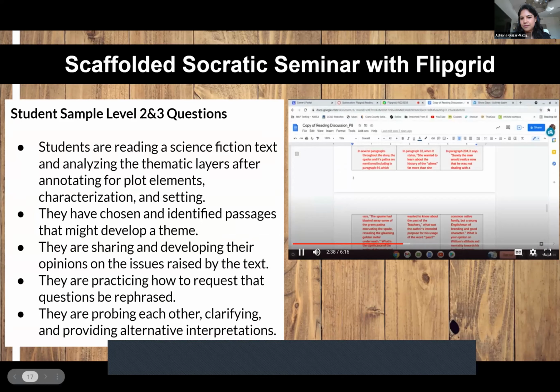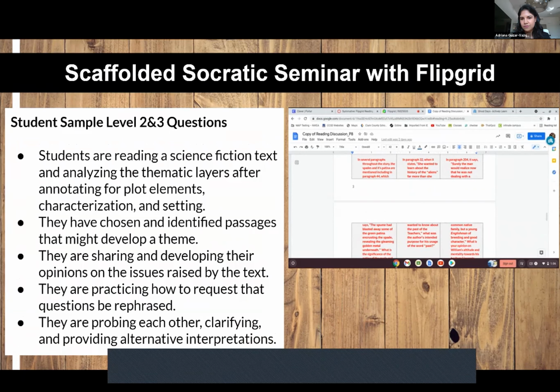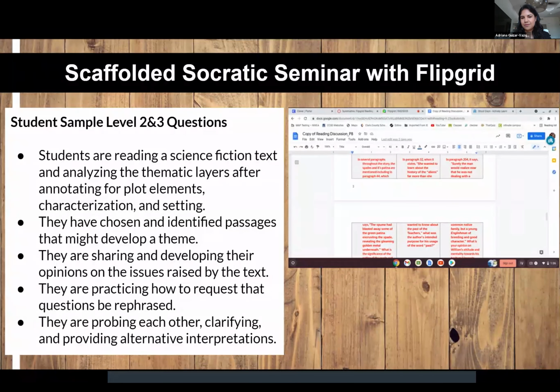There's intended purpose for the usage of the word past. Past, and yes, it says right there the past of the teachers. So the word past is the history of the teacher. Mm-hmm. Like in this part of the story, Ona is just fed up with how the teachers were just sticking to their past, trying to feed it to them, forcing down their throats that this history is more important than theirs, even though Ona wants to learn more about her history, how she came, where she came from, the inhabitants of the world she's in right now.